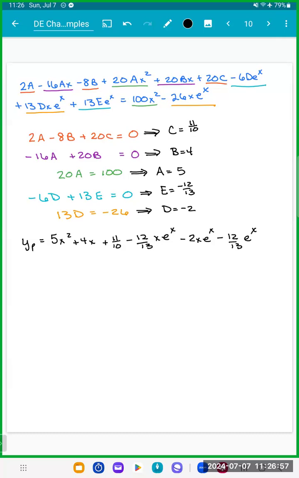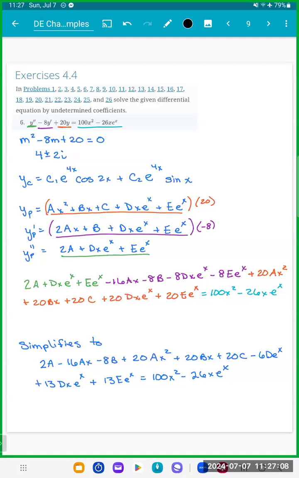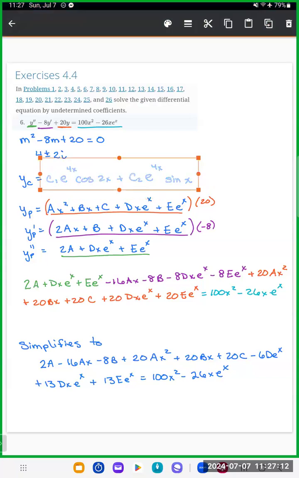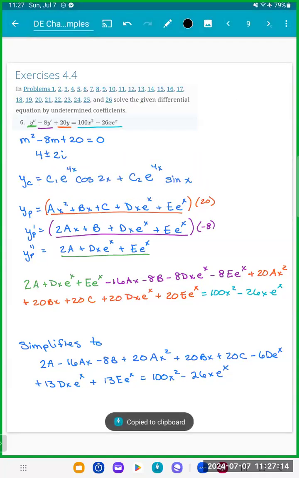So to get our general solution, the general solution is just your complementary function plus your particular solution. So we'll come back over to this page to grab our complementary equation.